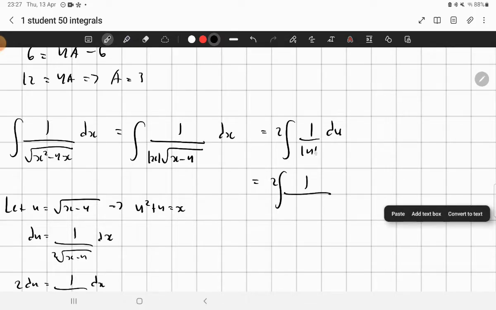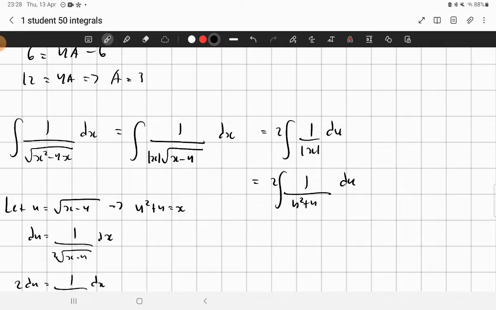It's not u, it's x, I haven't substituted it yet. So u squared plus 4. We know u squared plus 4 will always be positive, so we can ignore the absolute values and just get rid of them. And we know 1 over u squared plus 4 is basically arctangent at this point.